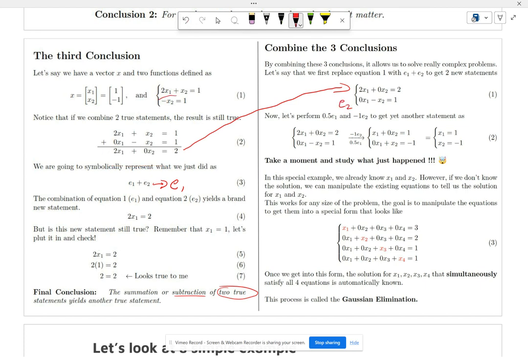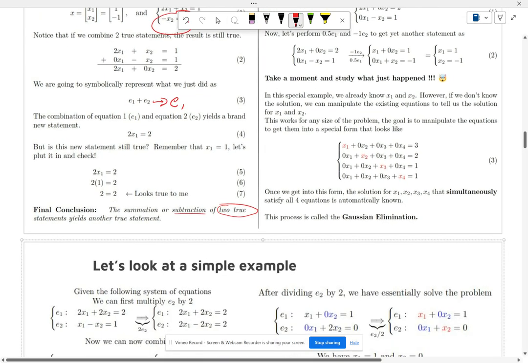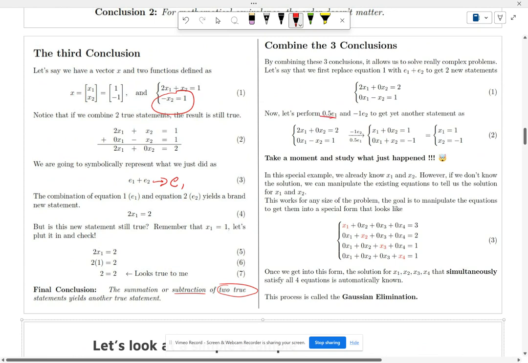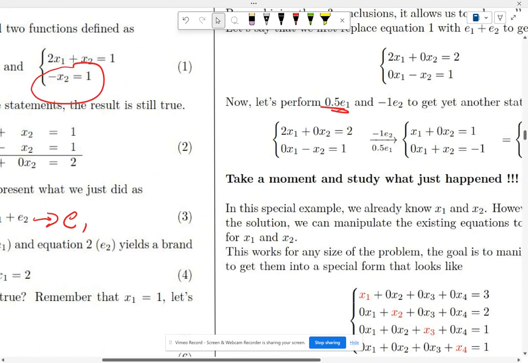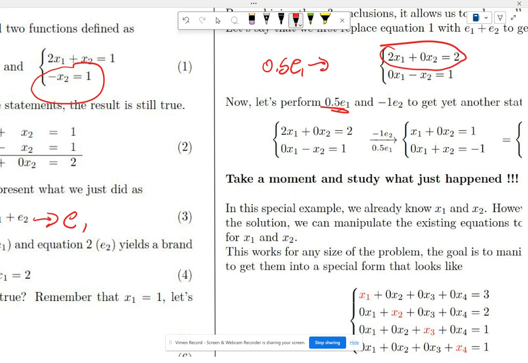So equation 2 right here, still the same. Okay. Now let's perform another operation. We're going to multiply equation 1 by half. If we multiply equation 1 by 1/2 and let that be the new equation 1.